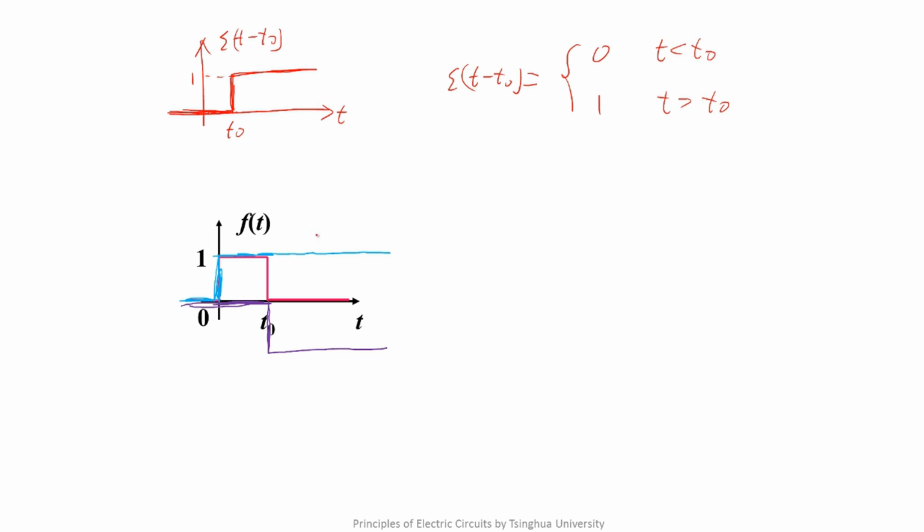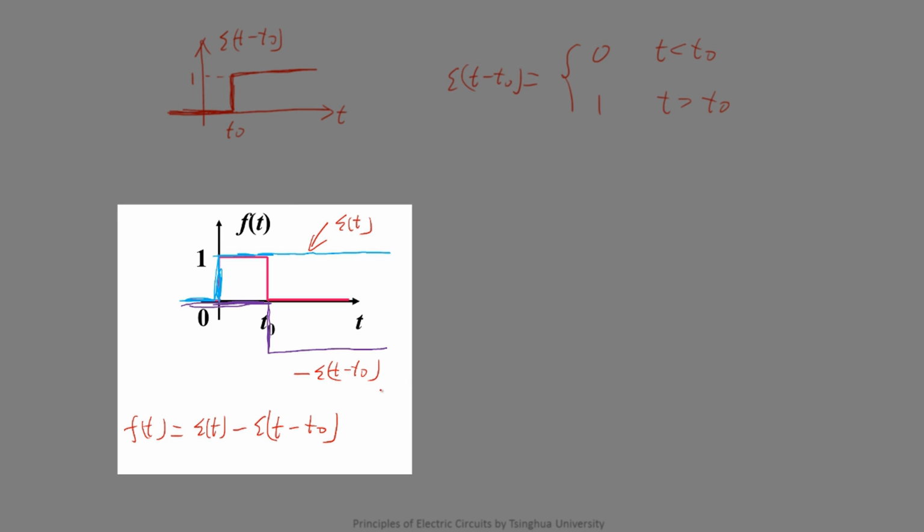Now let's think, what's this function? It's epsilon t. What's this function? It's a minus value of epsilon t minus t0, so it's minus epsilon t minus t0. So we know ft equals epsilon t minus epsilon t minus t0. This conclusion is very important and will be used in the future discussion.